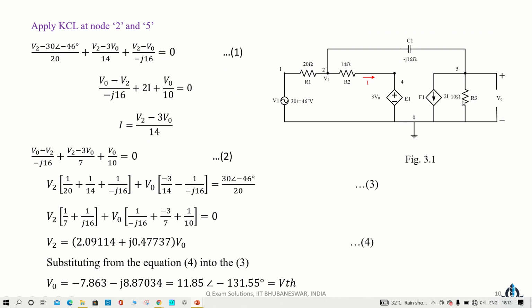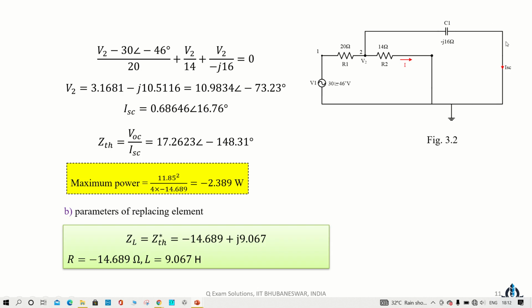Here there is a dependent source, so you need to connect a dummy source. That is very difficult. So what I did, I simply short-circuited and found the Thevenin current. So I applied KCL and found the Thevenin current. The short circuit current is like that.